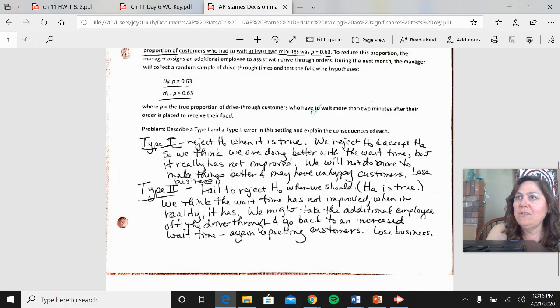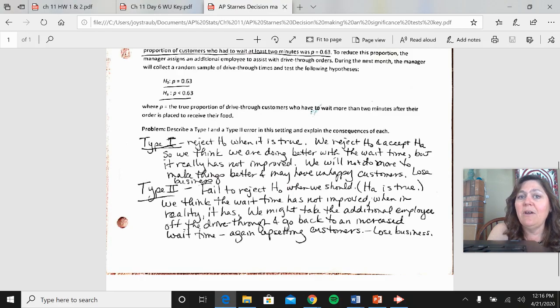In this situation, neither of these errors is okay. Both of them are going to lead to lost business. I would imagine in Type 1 that you might eventually figure out that maybe you made the wrong decision. I don't know. The same thing might be in Type 2.